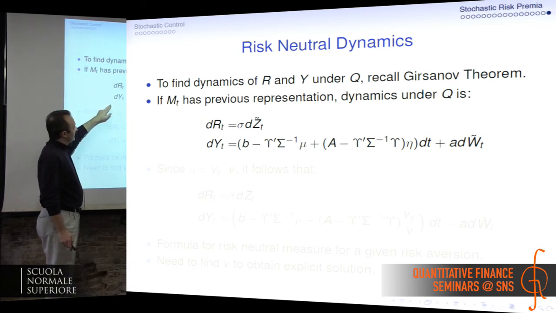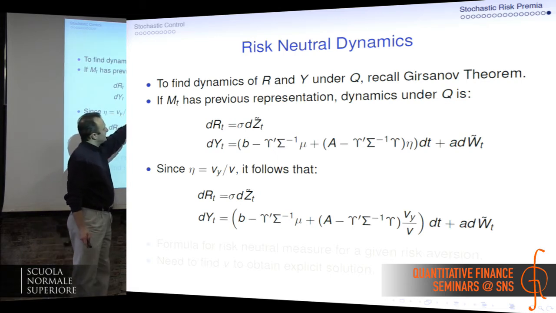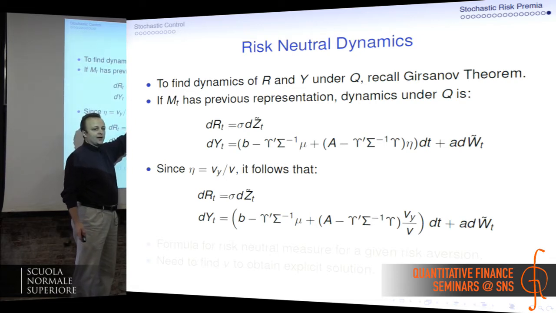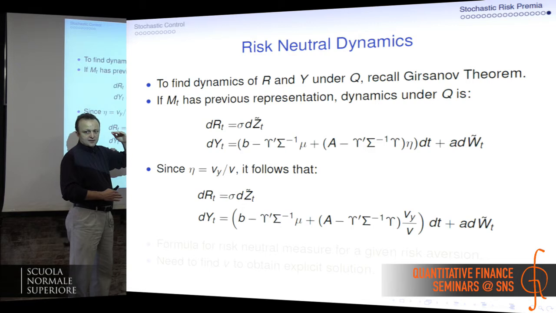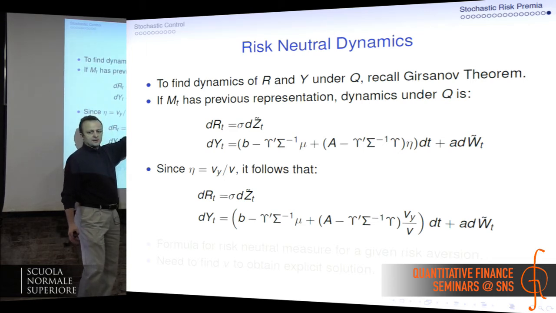So what is happening here is that we have an extra term which does not really depend on the value function. So here you see that this is just the covariance between the states and the assets. This is the covariance matrix of the assets, and this is just the risk premium. So this term is fixed for all martingale measures.